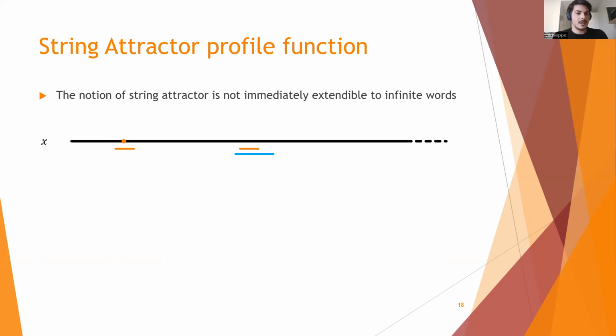However, later in the word, we may find the same factor plus a new one that we have never seen before. So in order to cover both, it may be convenient to replace the position we picked before with the new one. But this can occur infinitely often, and therefore it is not possible for an infinite word to locate the positions of a small string attractor.